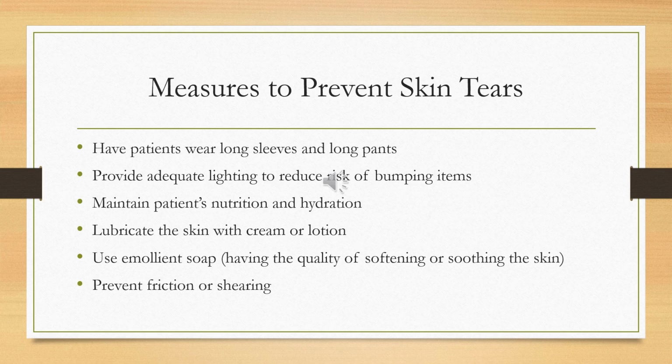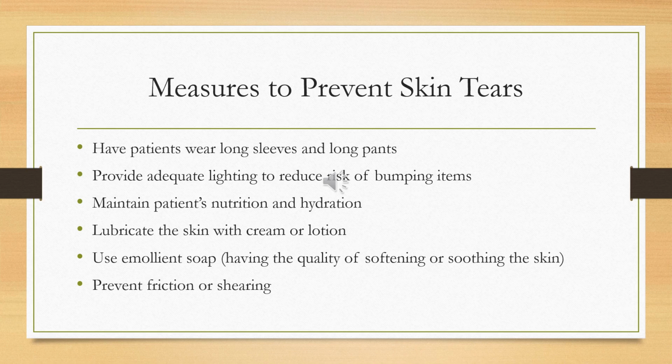Keeping their nutritional status and hydration status up is going to help promote healthy skin, so that they're not so at risk for skin breakdown or skin tears. Lubricate the skin with creams and lotions. As for soaps, you don't want alcohol based soaps or soaps that are going to dry out the skin, so you want a mild soap.